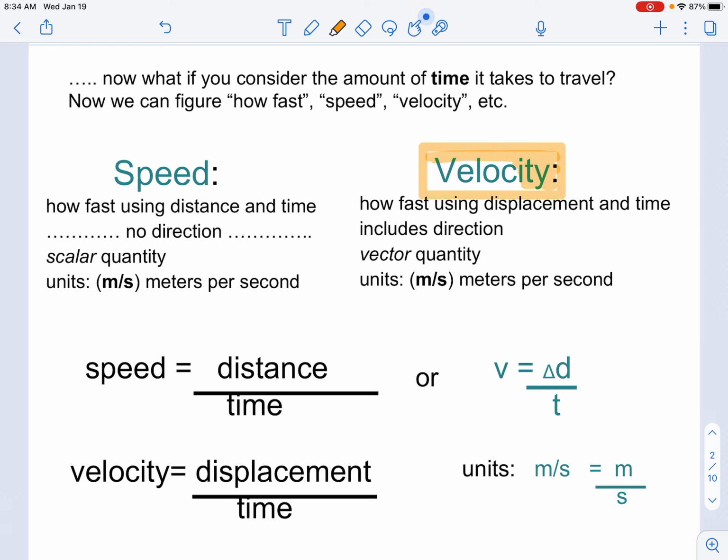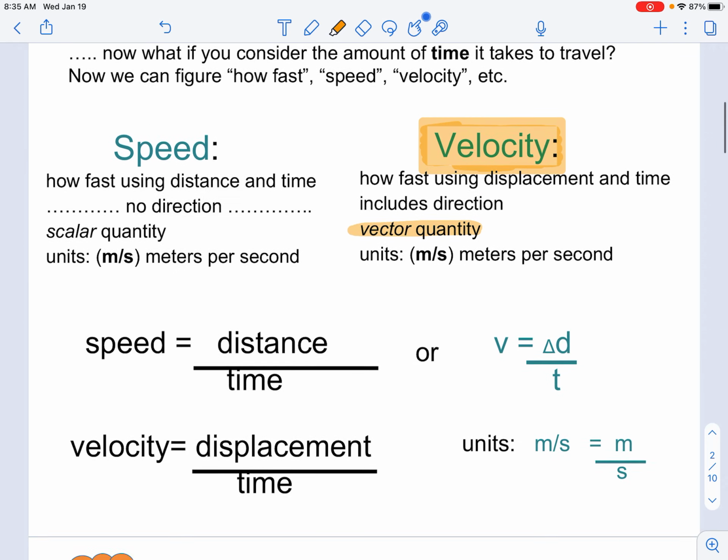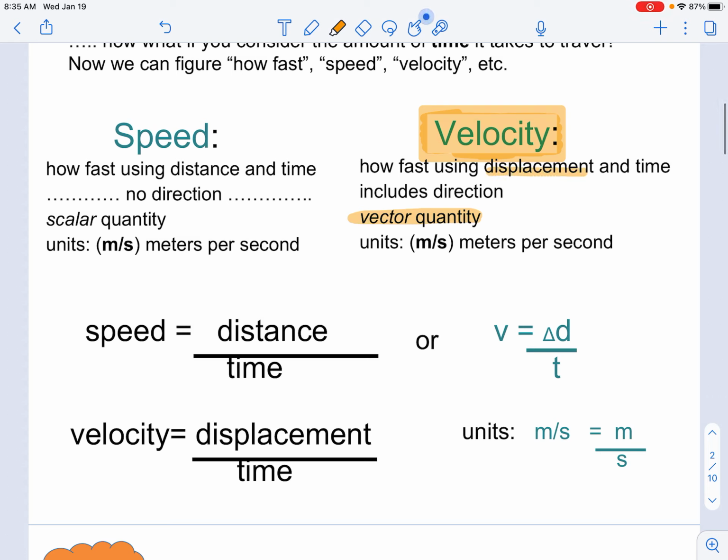So that means that when we look at our definition of velocity, this is defined as our displacement over time. So if we remember that vectors are variables where the direction is included, then it makes sense that we are using displacement in time versus distance in time. We are still measuring our velocity in meters per second.